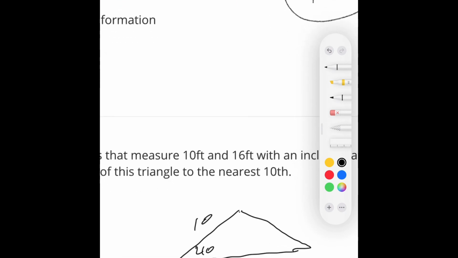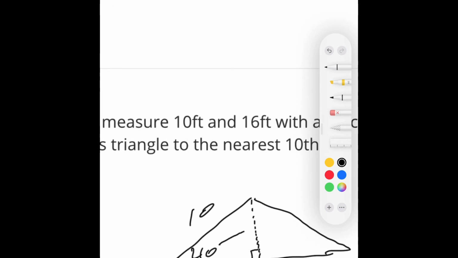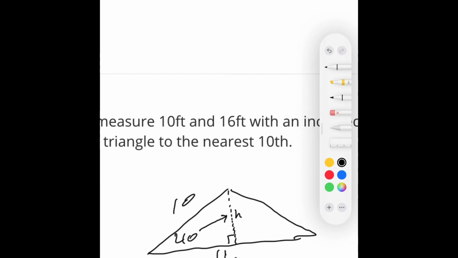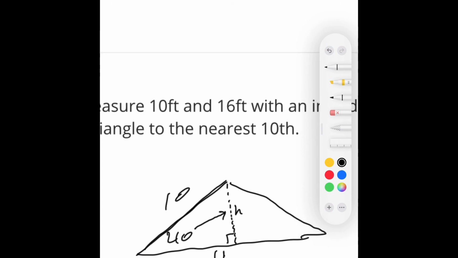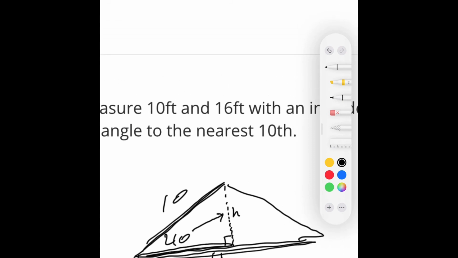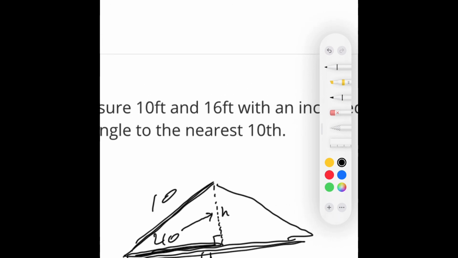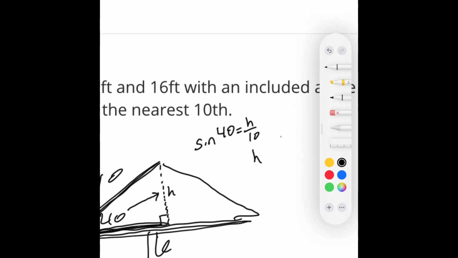We need to figure out the height. So let's do this right here. And we will use sine to find the height because I have my hypotenuse of 10. This 16 is the whole side here, so I don't know what this side is. So we'll do sine 40 equals my height over 10. And my height will be 10 times sine 40.